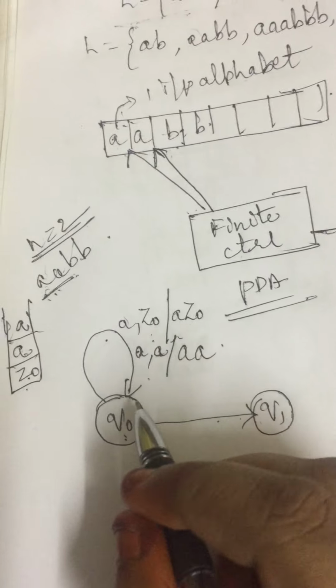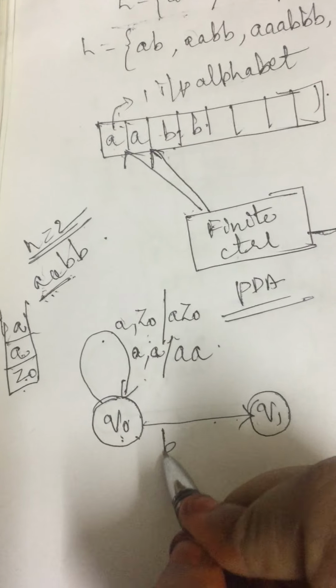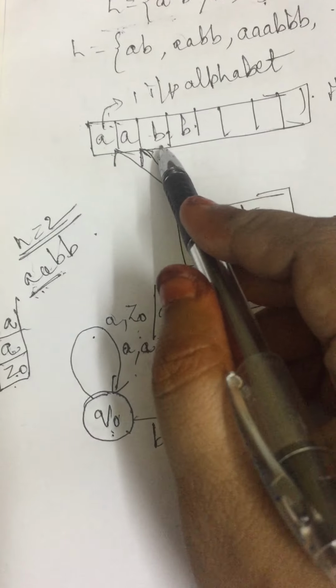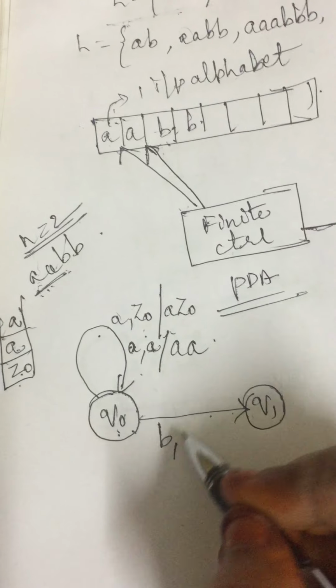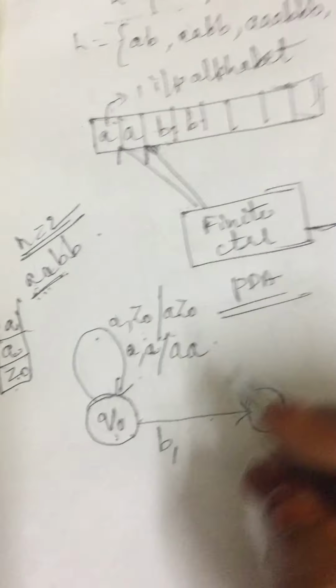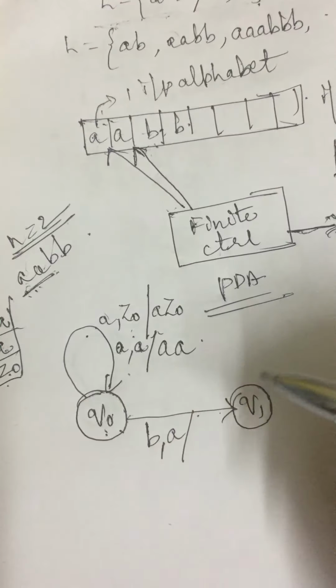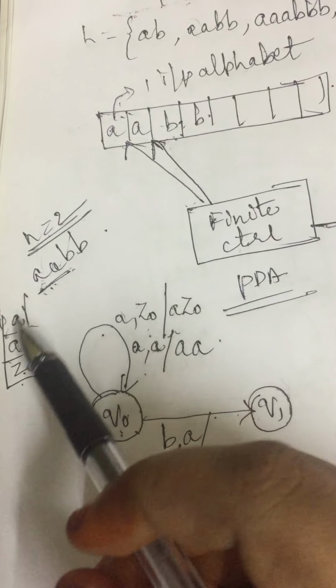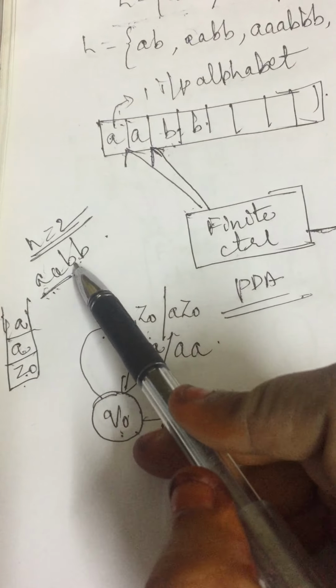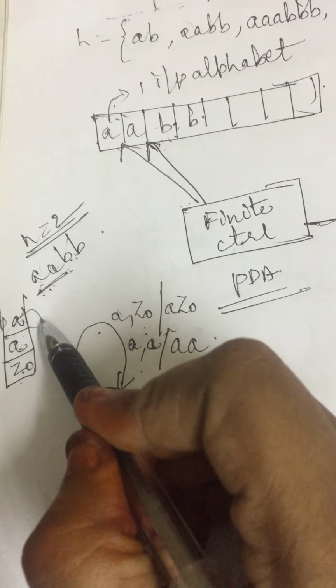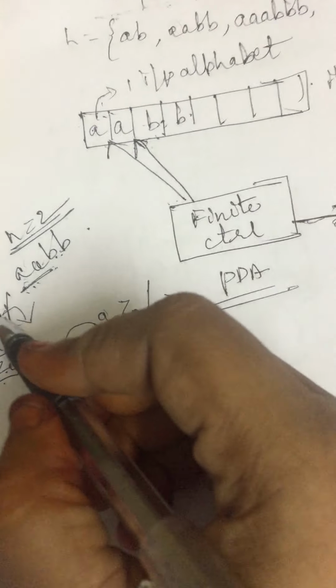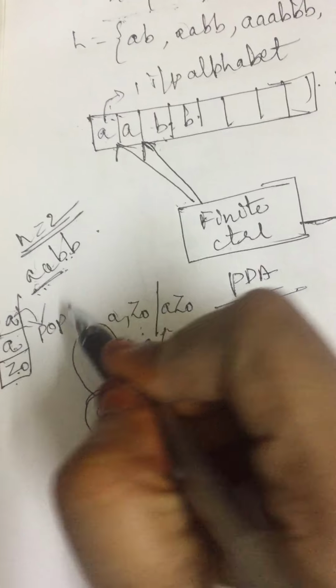Q1. So for the input alphabet B, what is the top of the stack? A. So what has been discussed earlier? For each B, we need to pop one A from the stack. So we have to perform the pop operation.